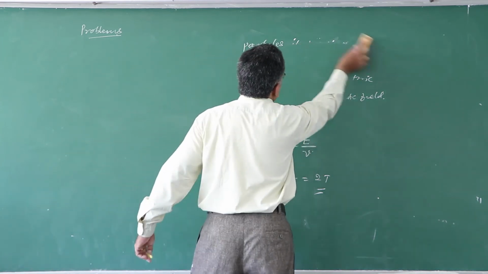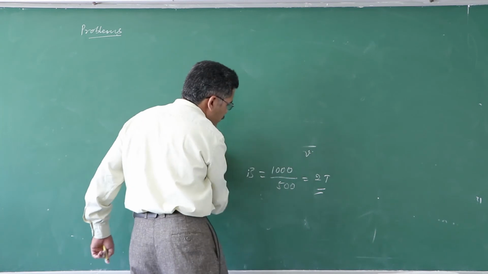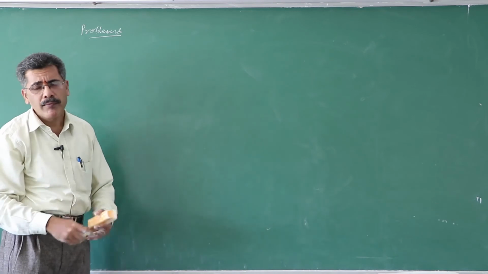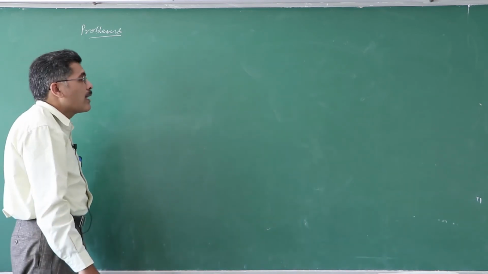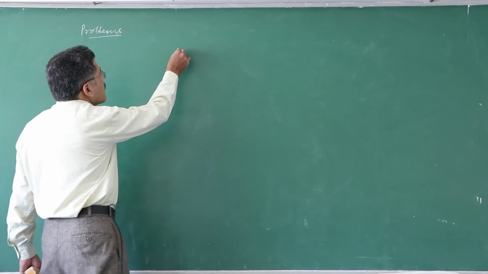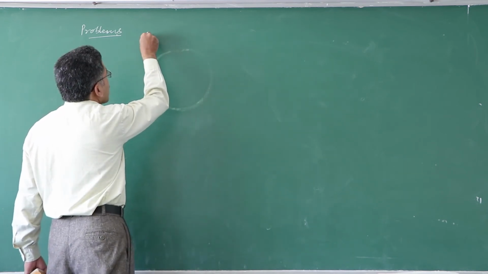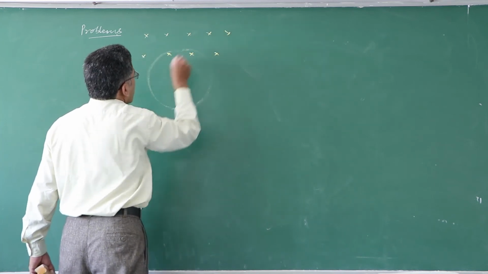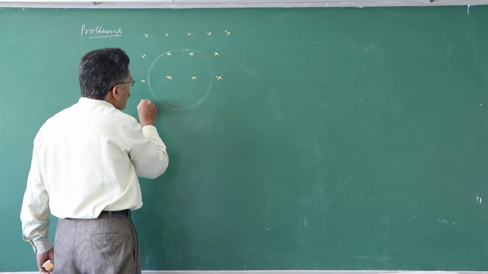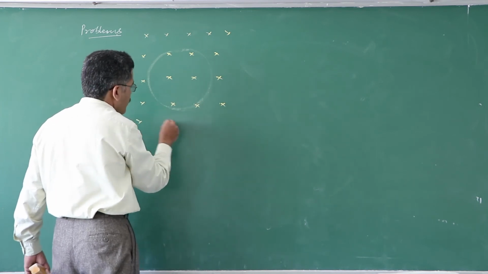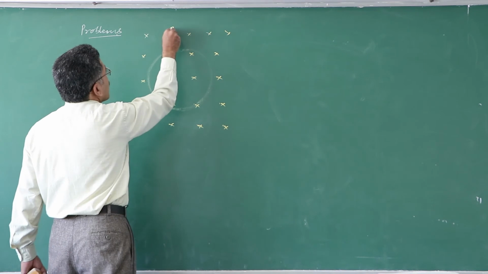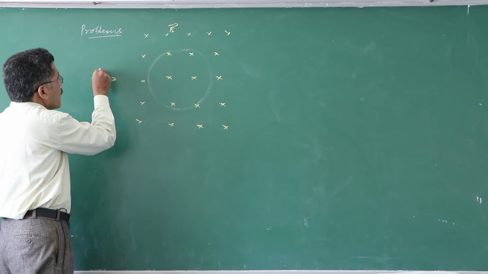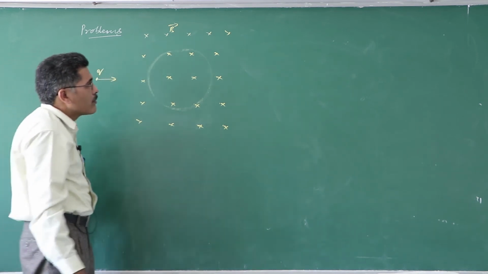These are some of the examples related to the force experienced by a charged particle moving in a magnetic field. In the last class we understood, suppose this is a magnetic field acting perpendicular to the plane and into the board, if a charged particle Q enters there, it will experience a force.